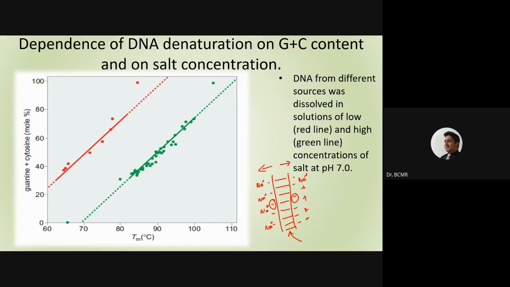That is how you can think of it. We also discussed that the higher the GC content, the higher the melting temperature. The simplest answer is because GC pairs have 3 hydrogen bonds between them, as opposed to 2 for AT.